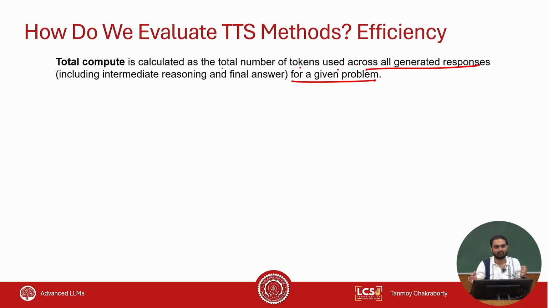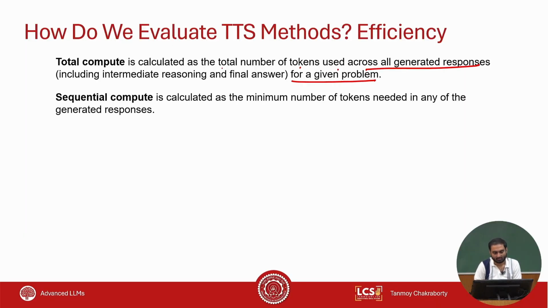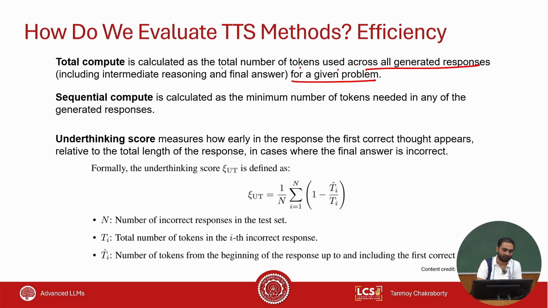And in the case of sequential trace generation, let's say budget forcing, you look at the number of tokens and compare which one is higher. If it is higher, it is bad. In sequential compute, you do not look at all tokens, you just focus on that branch or reasoning trace which is correct, and the corresponding tokens present in that specific branch. That can also be considered.